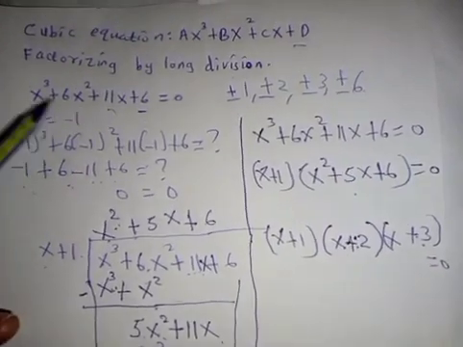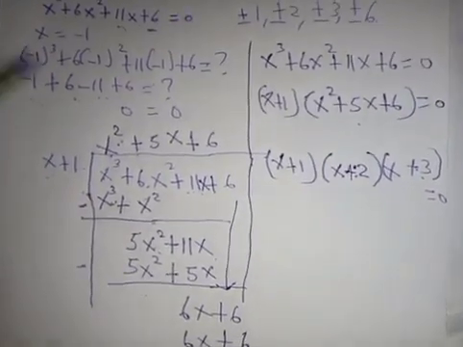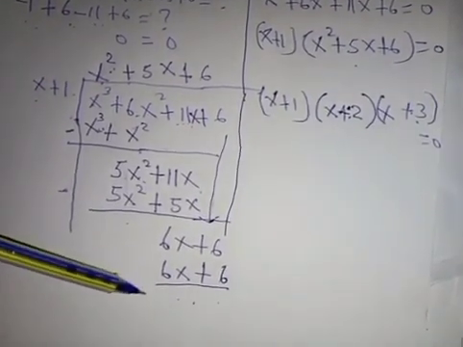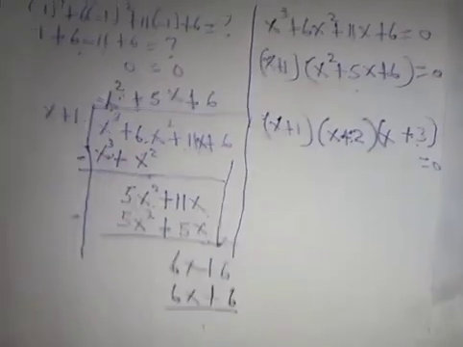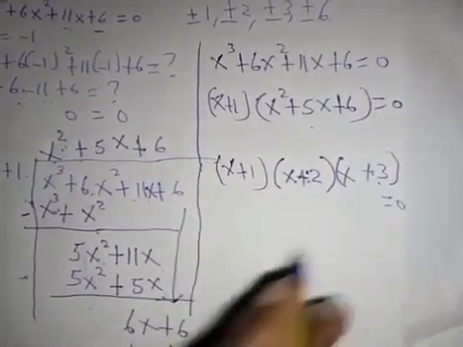So that is how we use long division to factorize a cubic equation. The first thing, we use trial and error to get the first factor. Once you have got the first factor, you use the long division as we have shown here to get your factors. Once you have your factors, of course you can get the values of x.